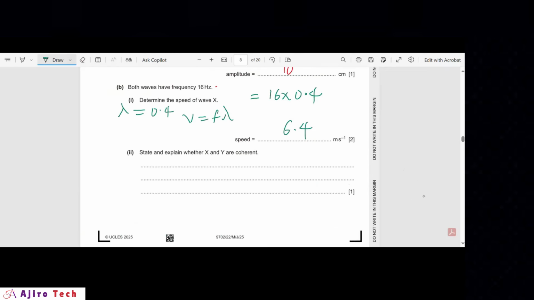Now, what again? State and explain whether X and Y are coherent. Automatically, they are coherent. Why? Because they have the same frequency, meaning constant phase difference. So state it: they are coherent because they have constant phase difference.